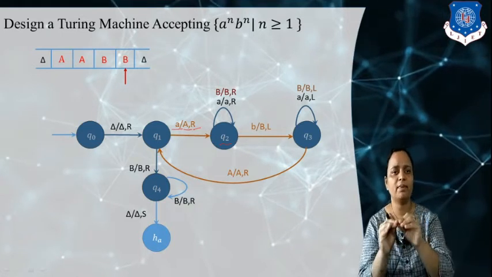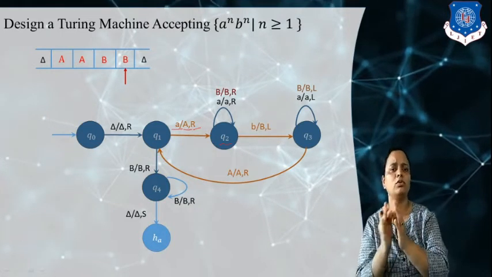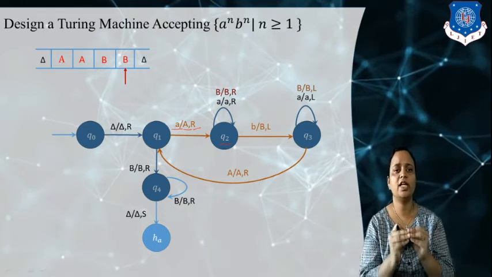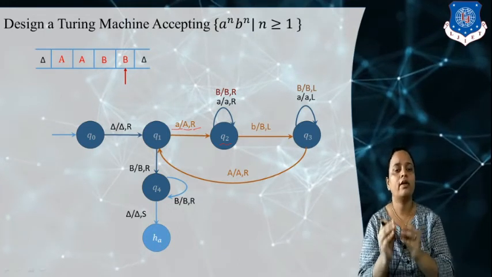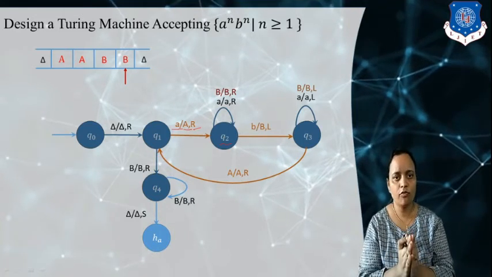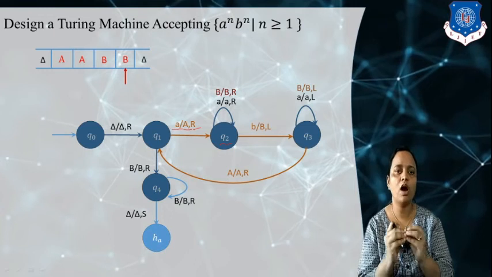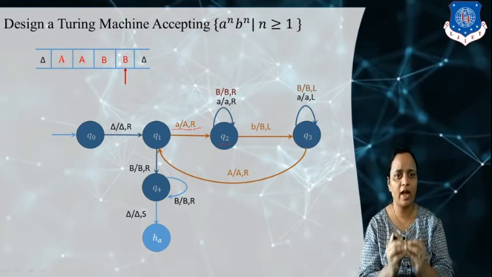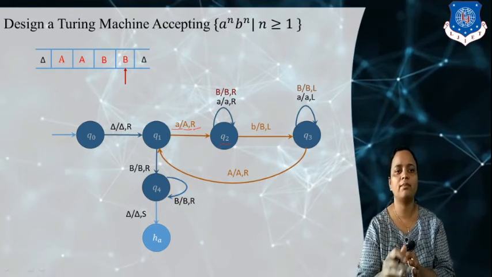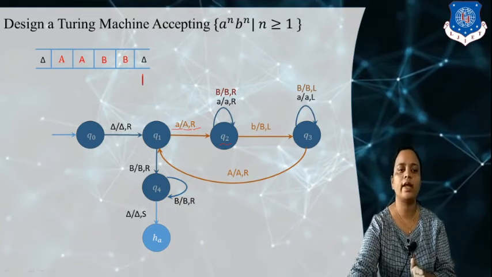Capital B is replaced by capital B, moving to the right end. So this Q4 state helps our tape head move to the right end of the string.